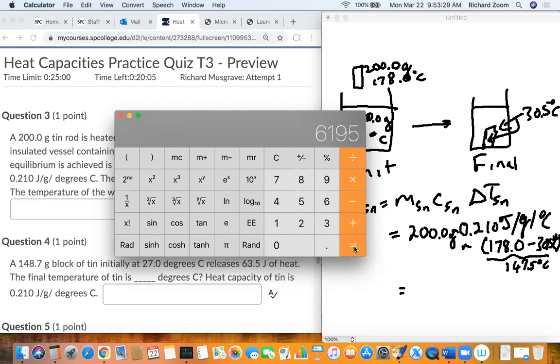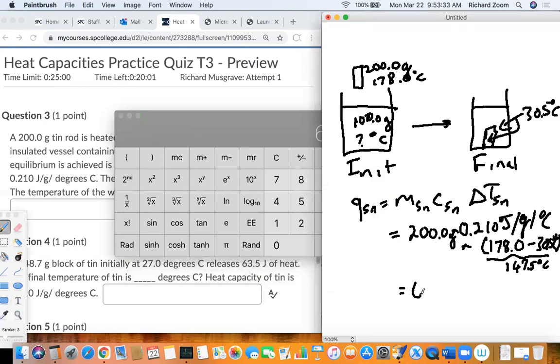Okay, so 6195, or we'll say 6200 if we're going to go to sig figs here. My recommendation, though, would be for these problems here, just use all the significant figures. I think I've got answers for both instances here, so I don't think it's going to matter too much.